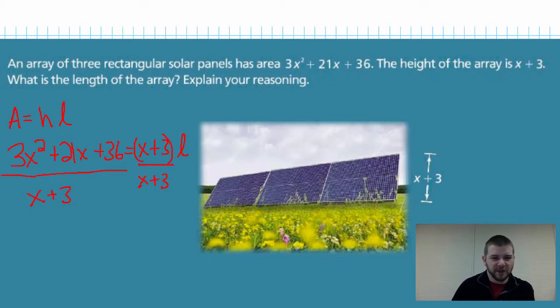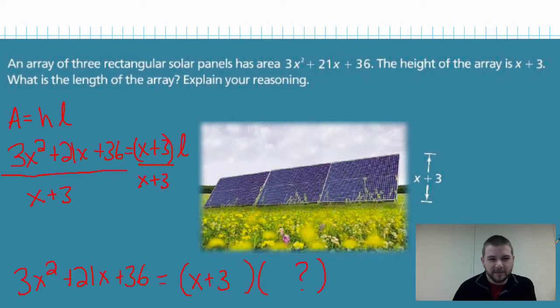So this would be a very traditional way to write this. However, if we can factor the polynomial on the left and factor out the binomial x plus 3, the value that x plus 3 is multiplied by would be the same as dividing the polynomial by x plus 3. So let's try that approach.